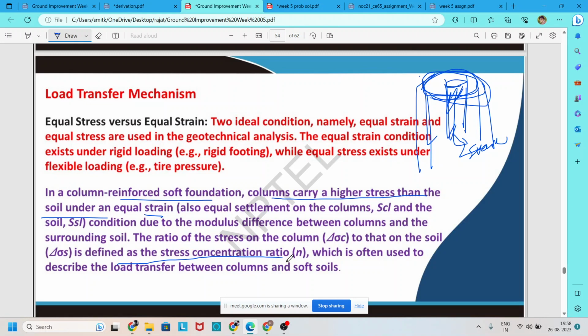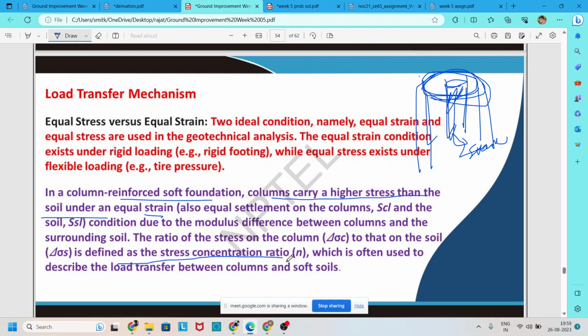The ratio between the stress of the column and that of the surrounding soil is defined as the stress concentration ratio, and it is often used to describe the load transfer mechanism only. Okay, so first we describe the equal strain method.